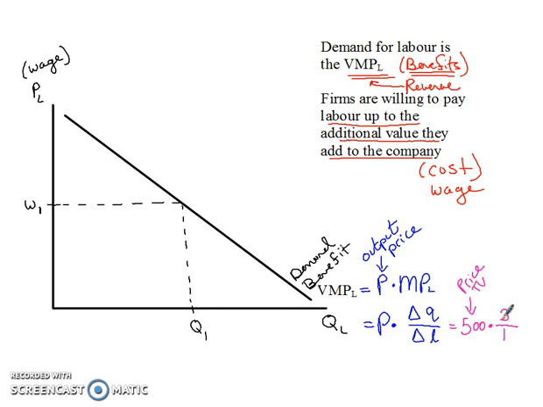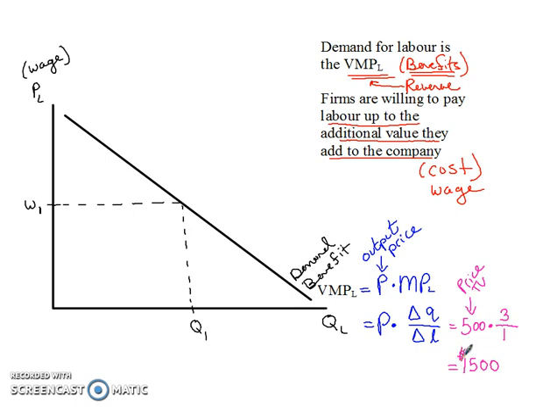So what is the value of the marginal product of that worker? Well, because we hire that one more worker, we produce 3 more televisions, and you multiply that by the price we get for the television, which is $500. So the value of the marginal product of that worker is $1,500.